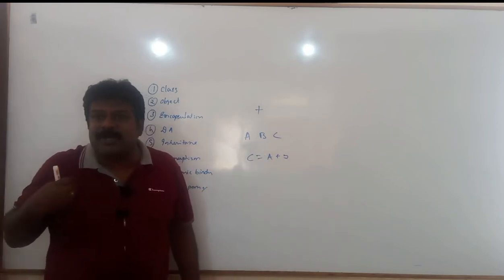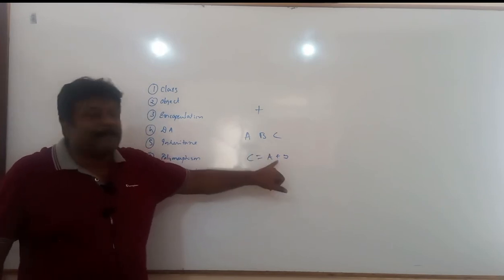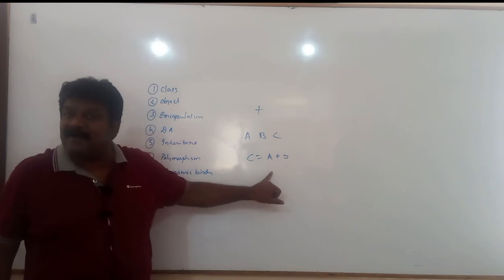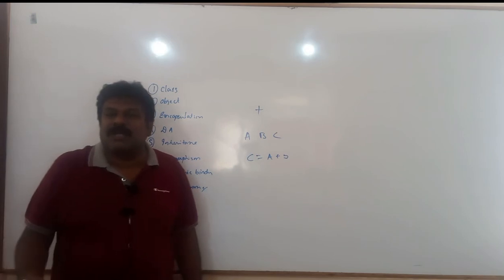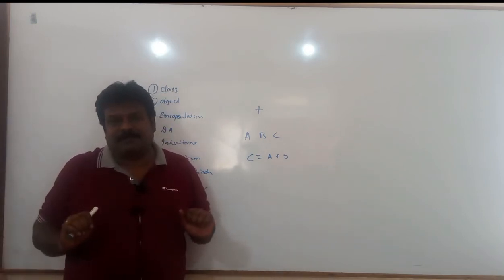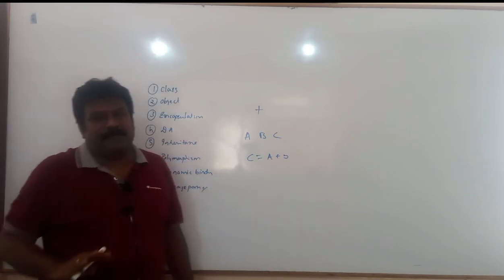Now what I can do is overload this plus operator in such a way that simply by putting plus in between two arrays, these two are added and the result will be put under C. This is what is called polymorphism. Now see, the plus operator is overloaded. This is what is called operator overloading.